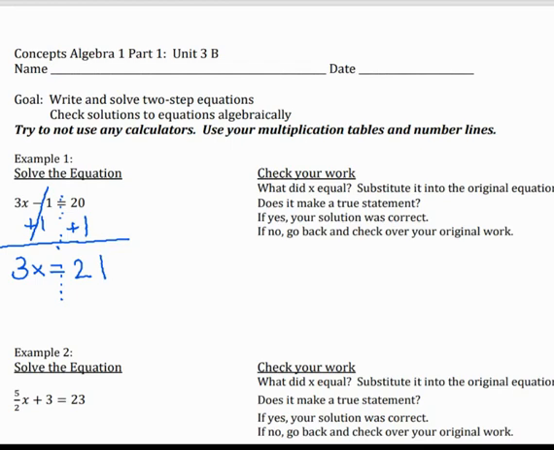Now what should I do to get x alone? You have to divide. Divide, exactly. We are currently multiplying. It says 3 times x. So to undo multiplication, we use division. So I will divide by 3. And if I do it to one side, I must do it to the other. Those 3's will then cancel, and we're left with x equals 21 divided by 3, which is 7.